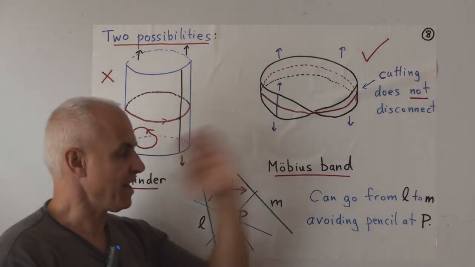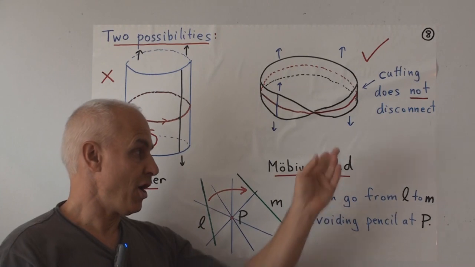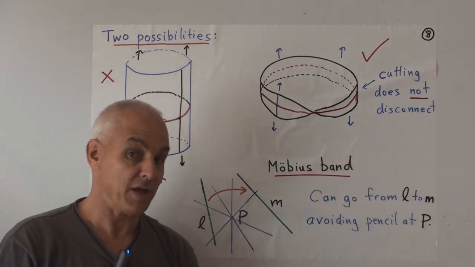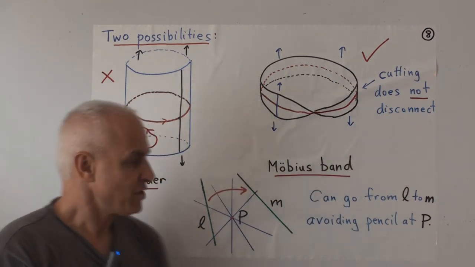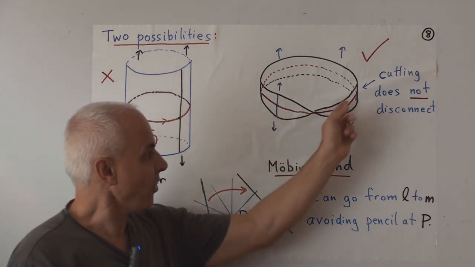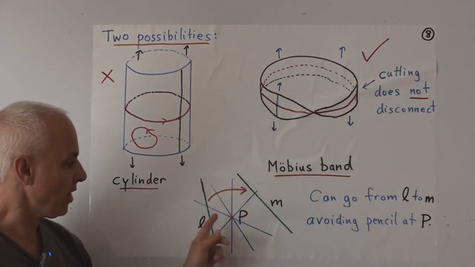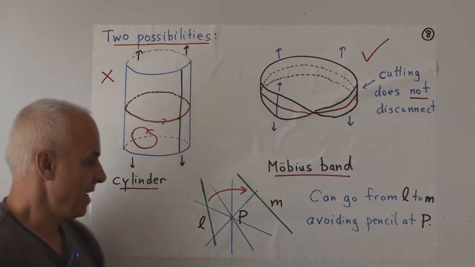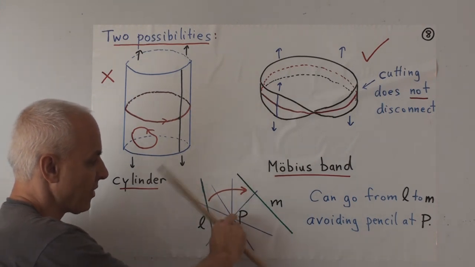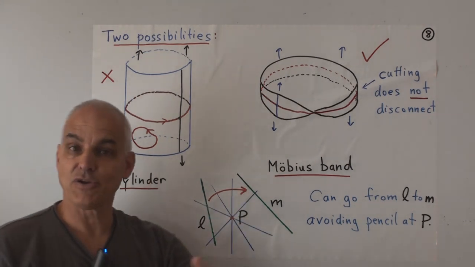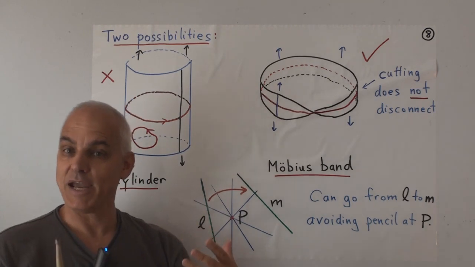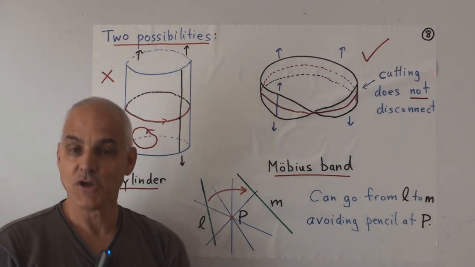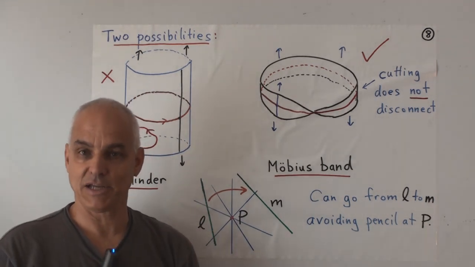So, how can we see that the lines in the plane are really a Mobius band and not a cylinder? We can use this property. So, the analog of cutting out a circle is to consider a pencil of lines through a point P, that naturally forms a circle in the space of all lines. So suppose we cut out that particular circle.